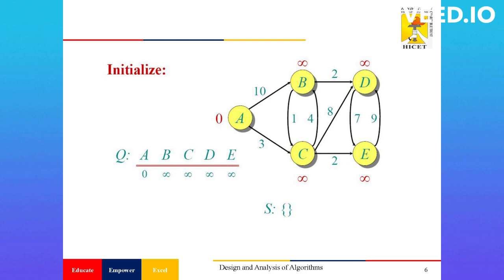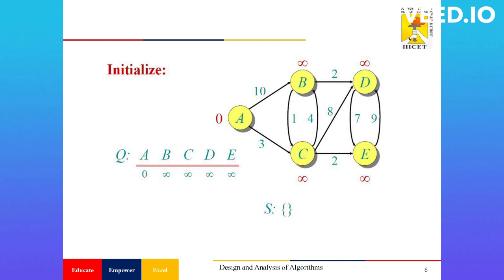The other shortest paths we cannot identify at the initial stage, so we are considering them as infinity here. So A to B is infinity, A to C is infinity, A to D is infinity and A to E is infinity. So the set of visited vertices is empty at the initial stage.